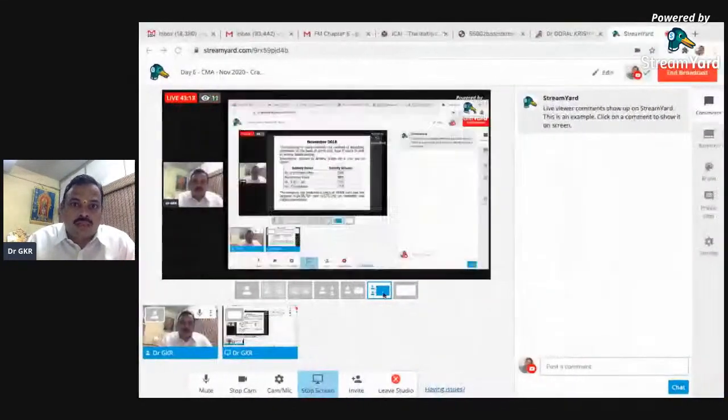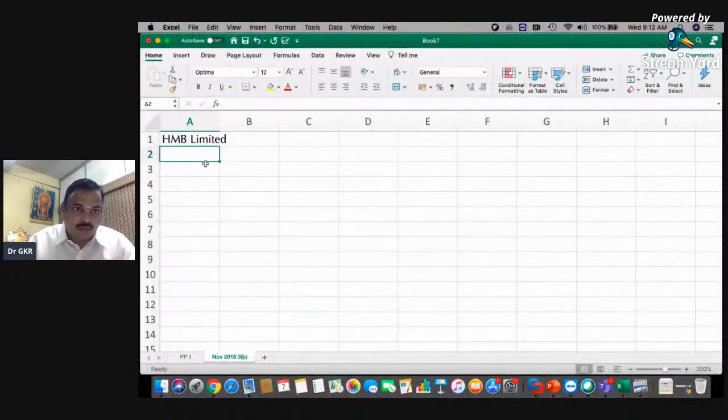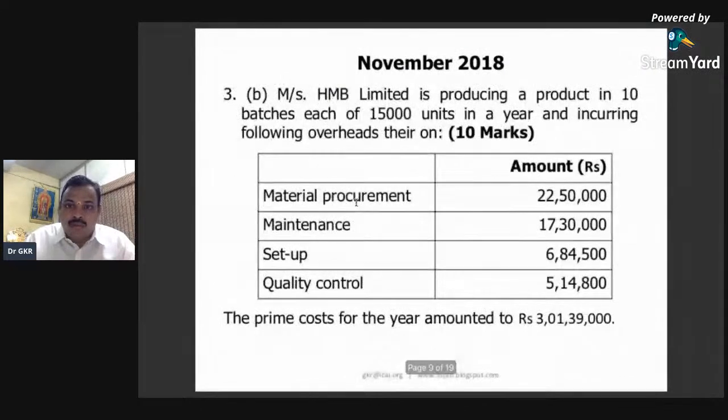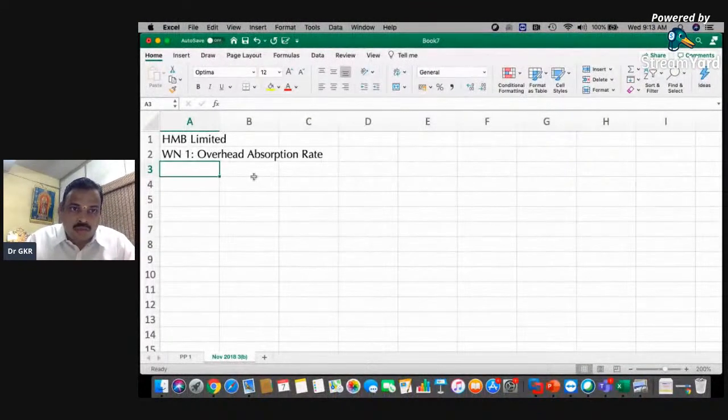Good. Now let us do the traditional costing first. Number one, I'll call it working note one: find the overhead absorption rate. What is your total overheads?